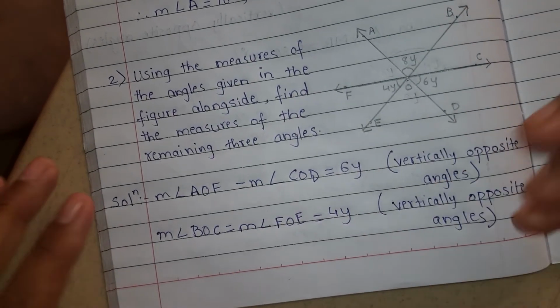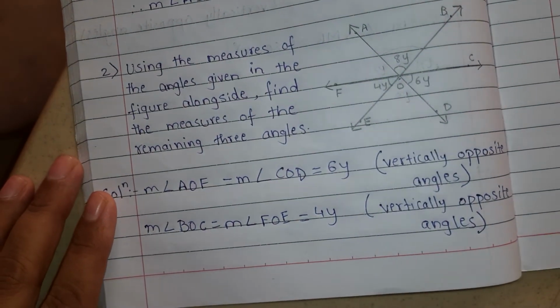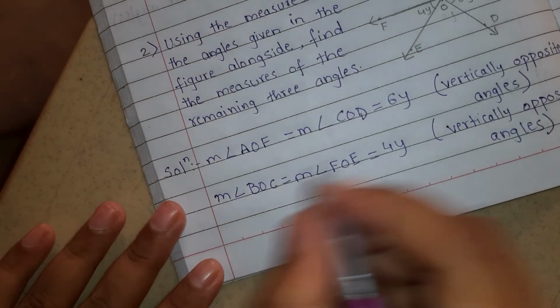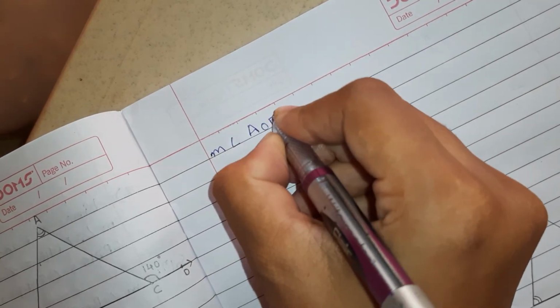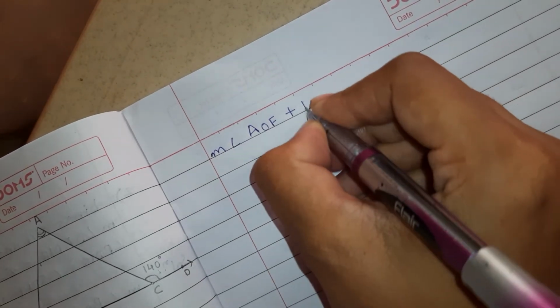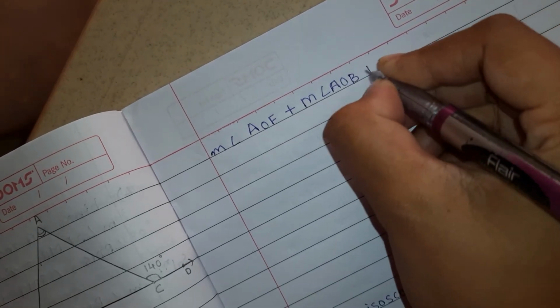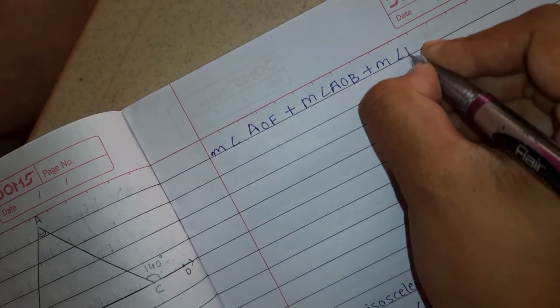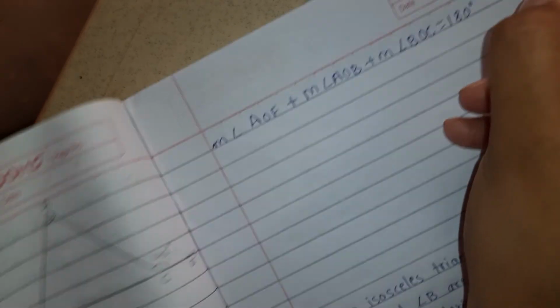Now addition of these three is 180 degree. So we will write down measure angle AOF plus measure angle AOB plus measure angle BOC equal to 180 degree.